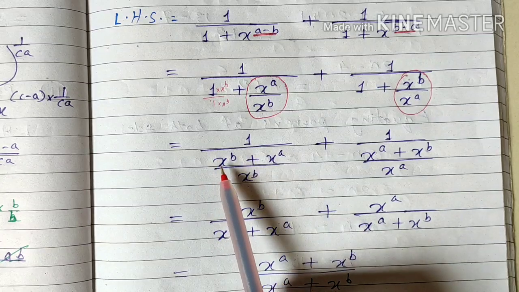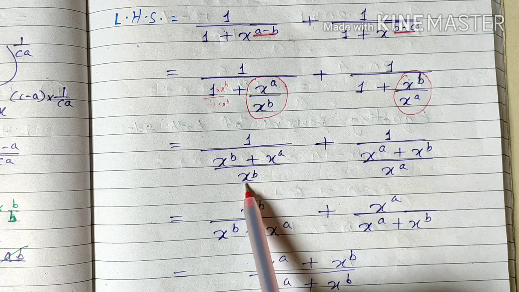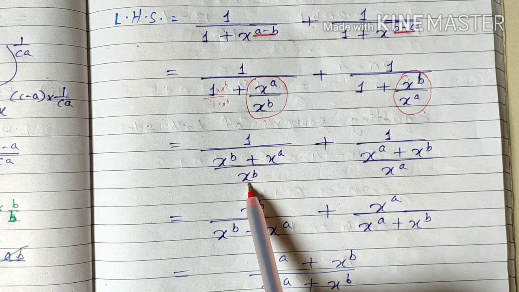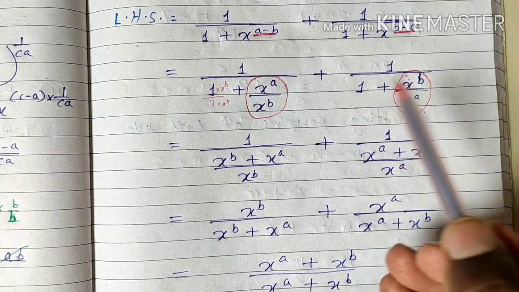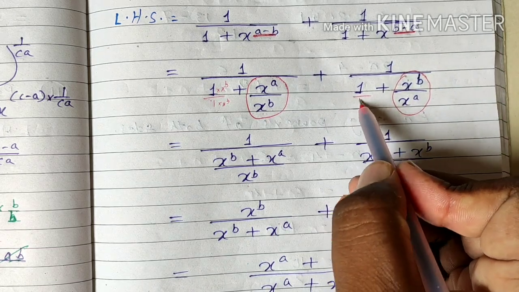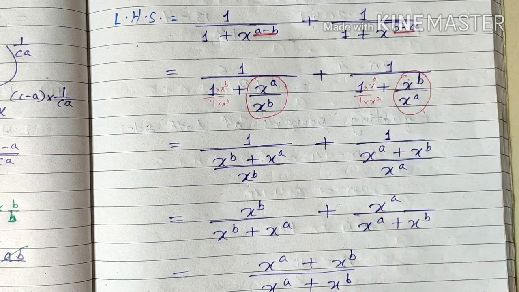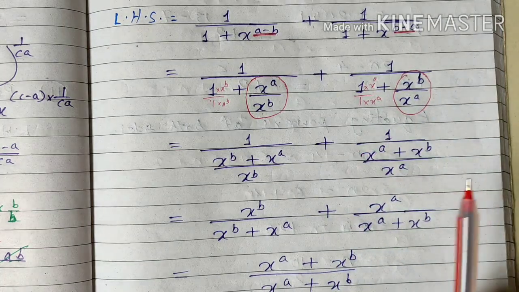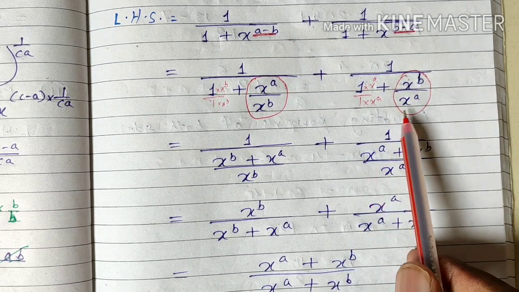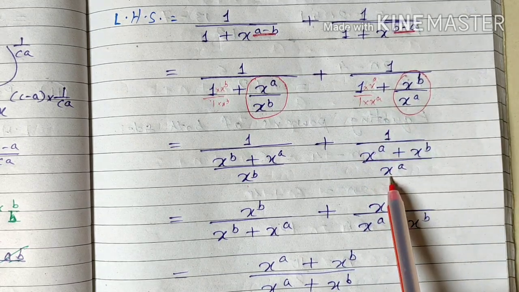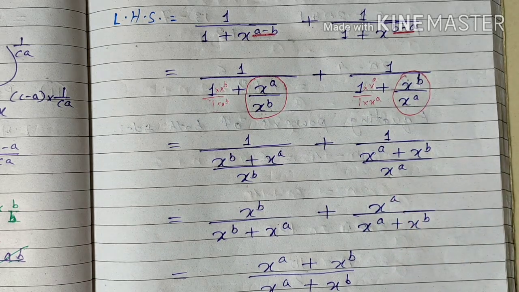It becomes 1 upon the whole thing, (x raised to b plus x raised to a) upon x raised to b. Plus, again the denominators are different, so we take the LCM, multiplying by x raised to a, and the numerator is also multiplied by x raised to a. So it becomes (x raised to a plus x raised to b) upon x raised to a. Got it?